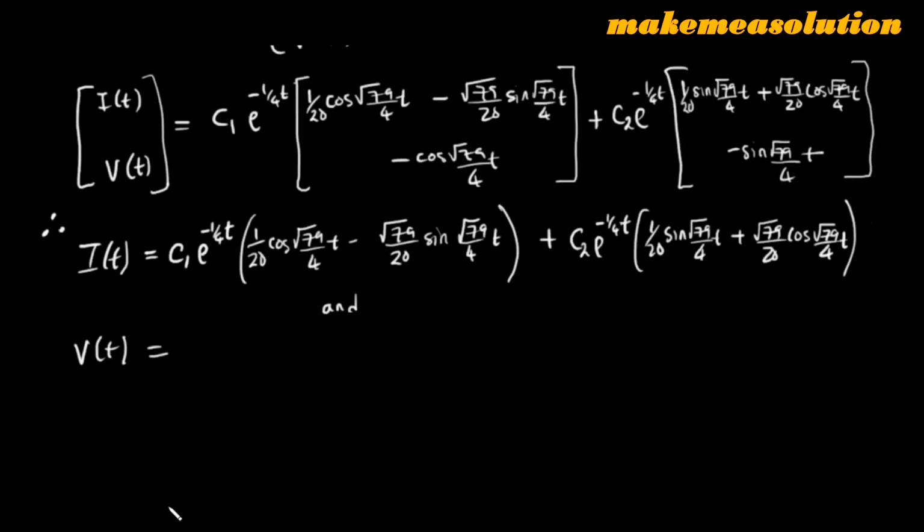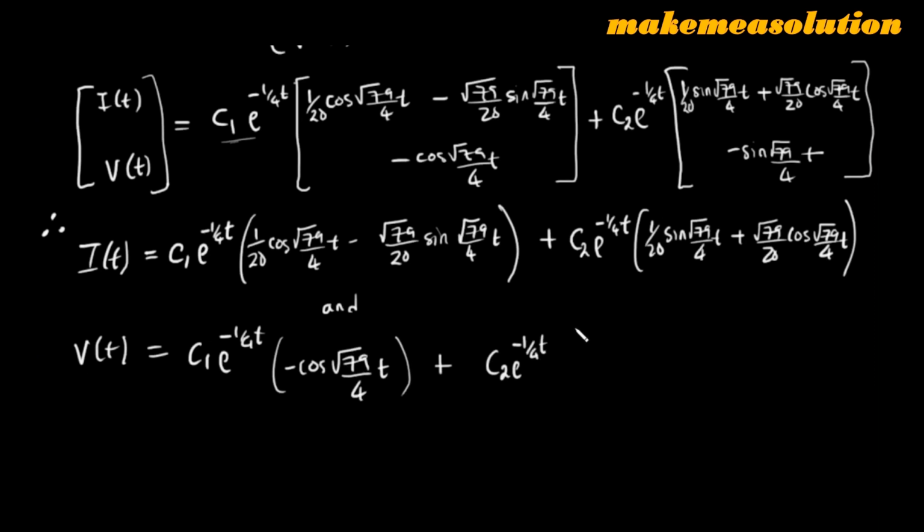From this same arrangement, you're going to have c1 exponential minus 1 over 4t. So you use this to open the second row, and you're going to get c1 exponential minus 1 over 4t, then into minus cos root 79 over 4t, and you now have plus c2 exponential minus 1 over 4t, and into minus sine root 79 all over what? 4t.